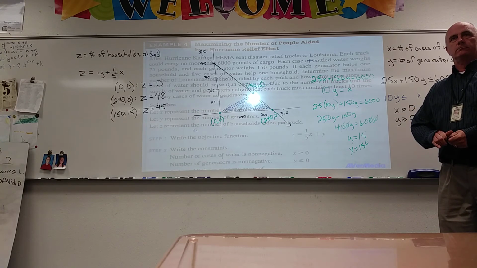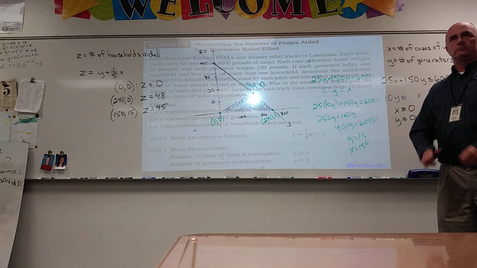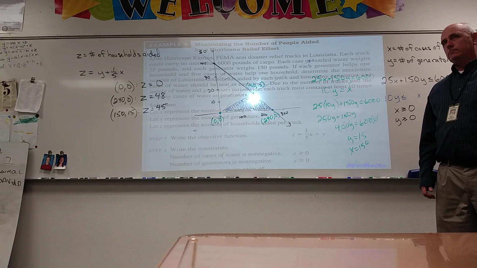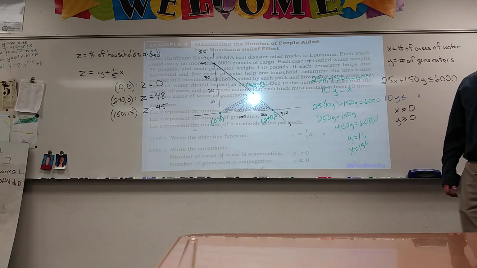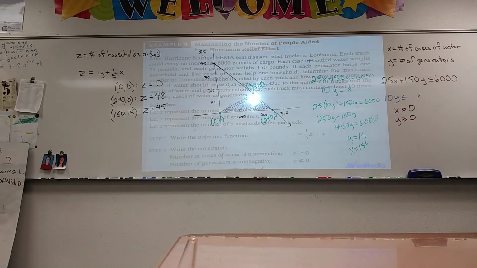Yes, sir? Also, if all of their houses are flooded, how would they use the generators? What do you mean? If they're sending generators over, but everything's flooded, wouldn't it? Well, the generator might help a water pump that can pump out the water. I don't know. It depends on the situation.